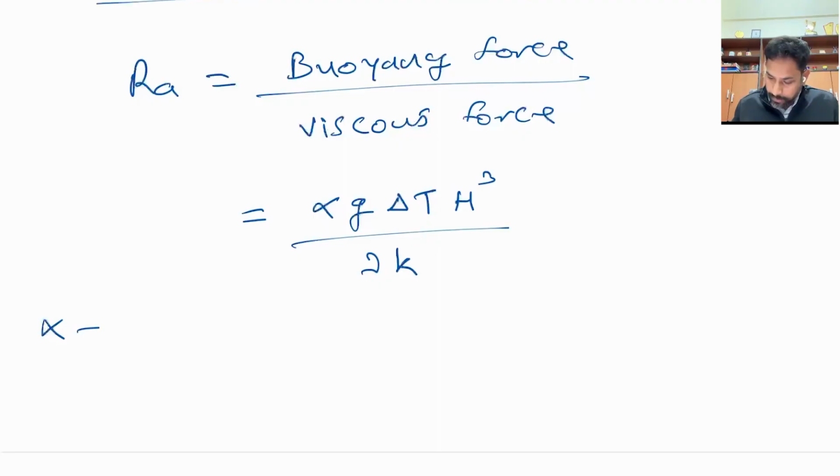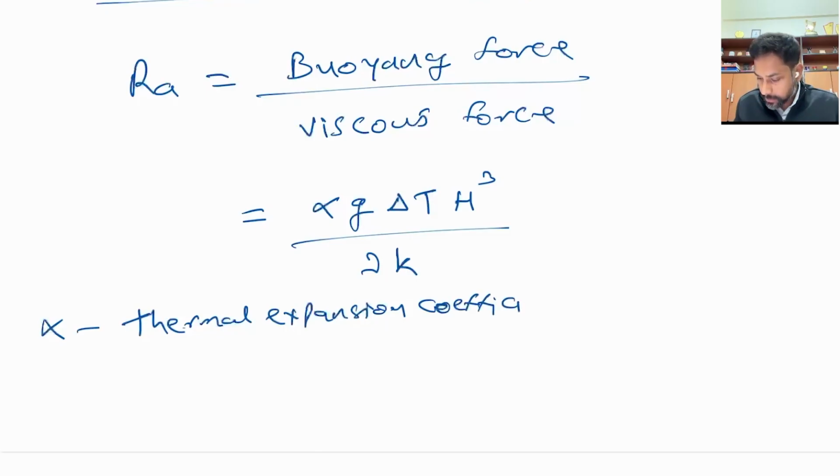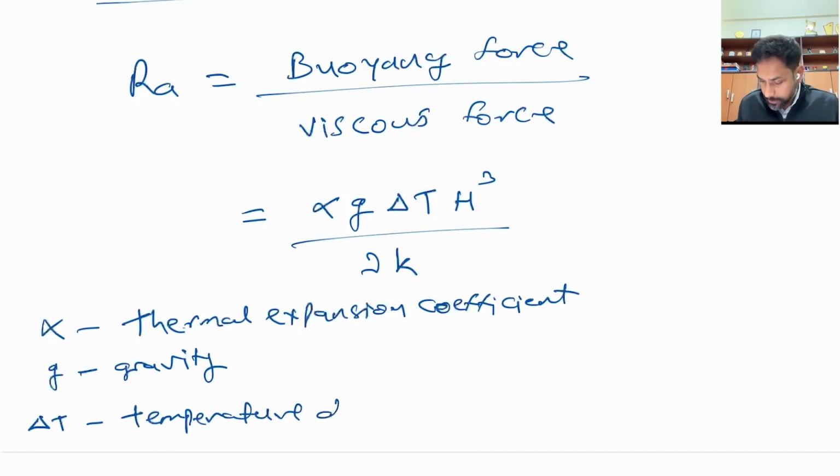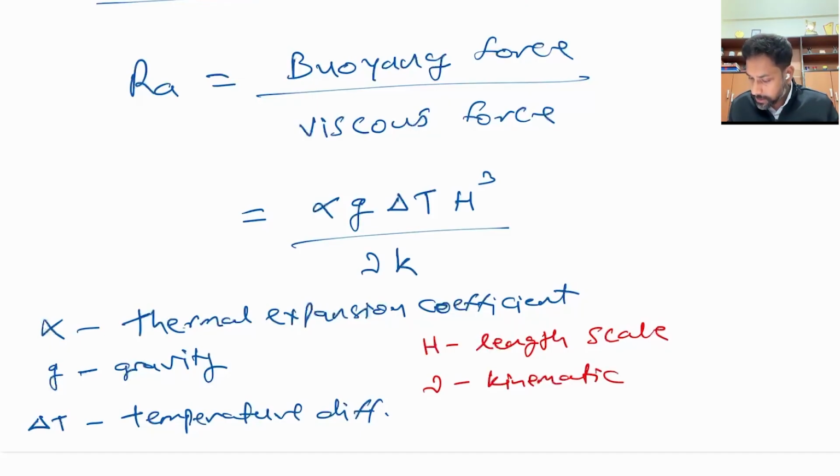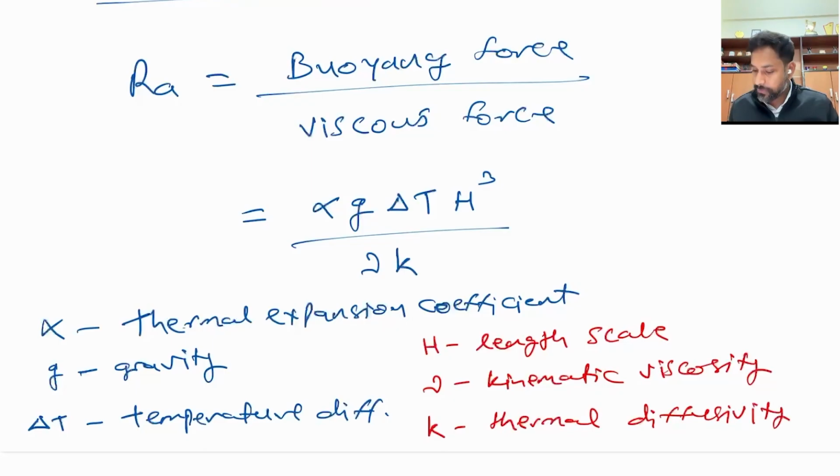Where alpha is the thermal expansion coefficient, G is the gravity, delta T is the temperature difference, and H is the length scale, nu is the kinematic viscosity, and K is thermal diffusivity.